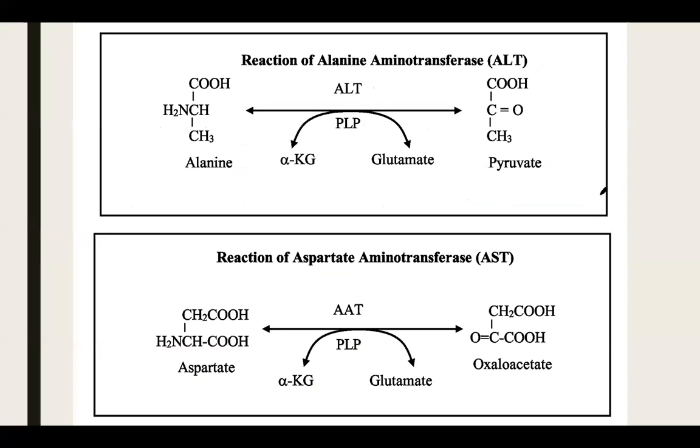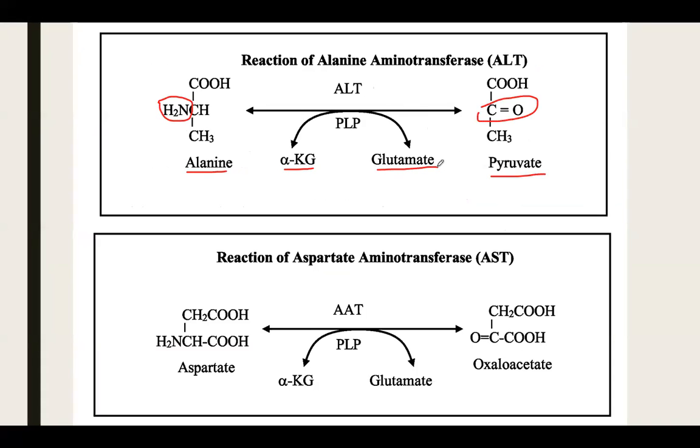We are going to take two transaminases which are very famous. This is the amino acid alanine. If you look, this is the amino group. I should remove this amino group and replace it by a ketone. If we replace the amino group by a ketone, alanine will be converted into pyruvic acid. Where does the amino group go? It will go to alpha ketoglutaric and it is converted into glutamic.